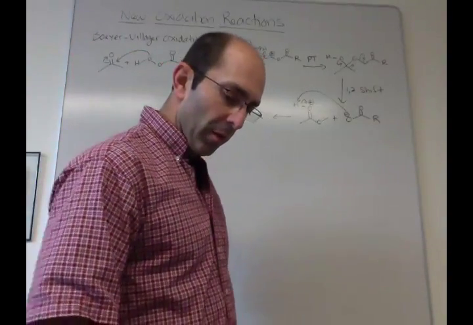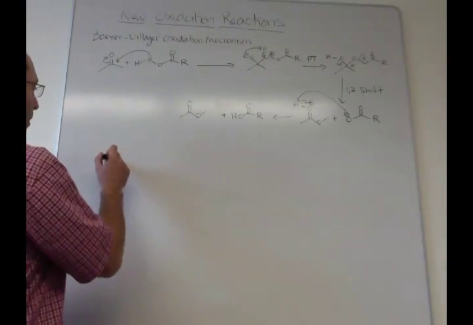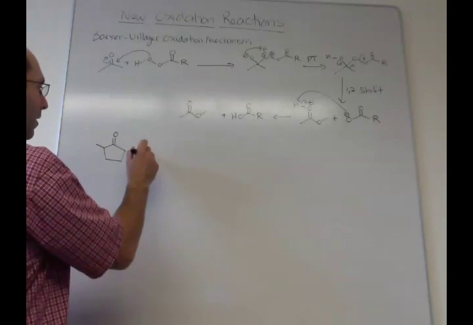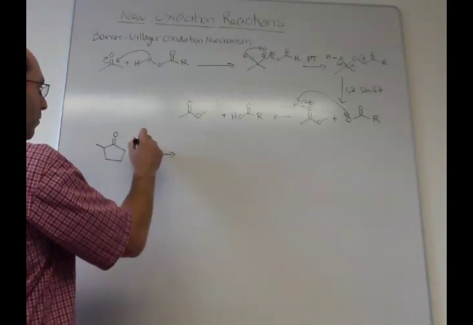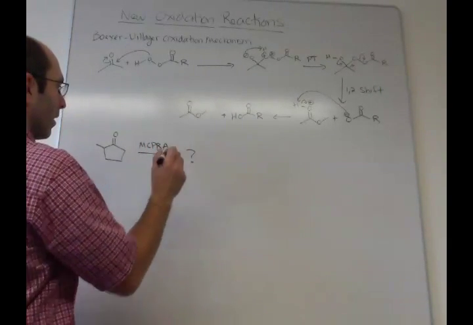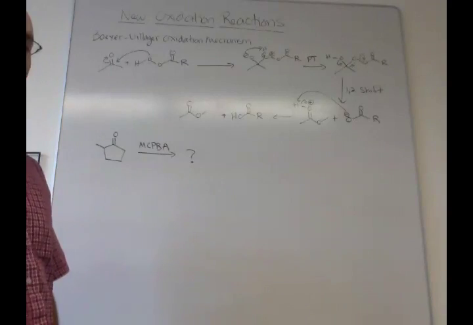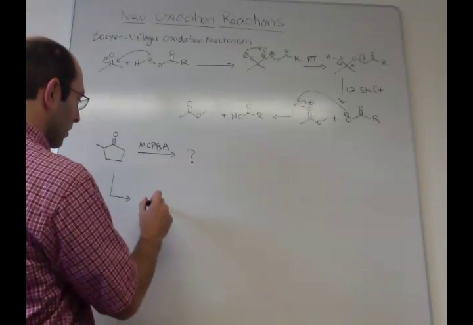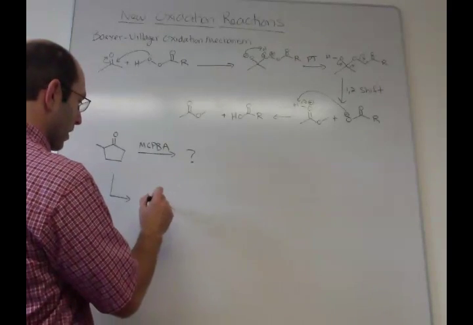So the final thing that I want to do is just one example to make sure it's clear what's going on in these reactions. Right? So if we react this ketone with MCPBA, what product are we going to get? Right? And so we should be able to think about the mechanism of this reaction.